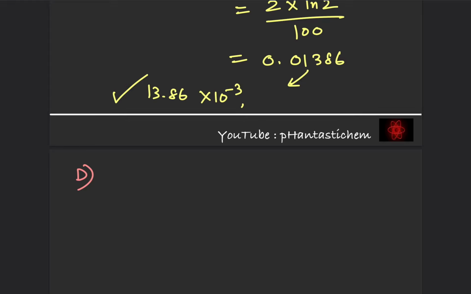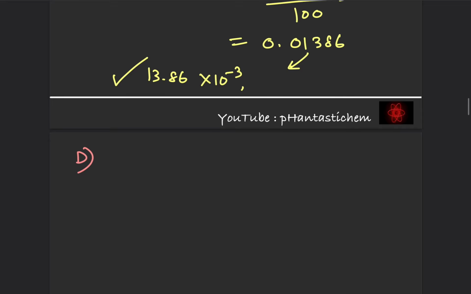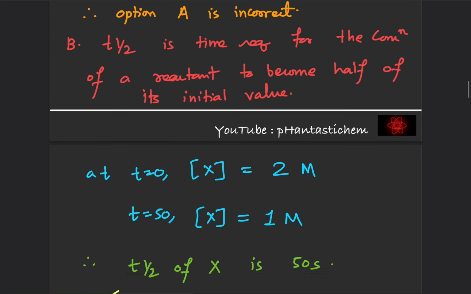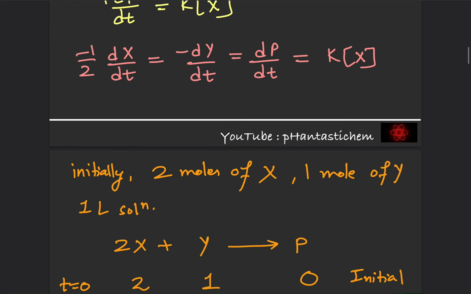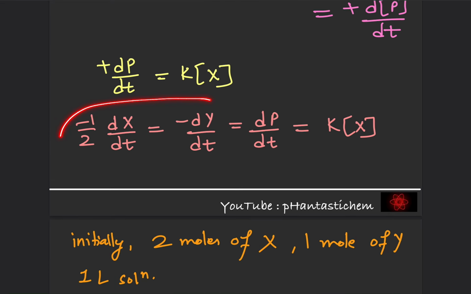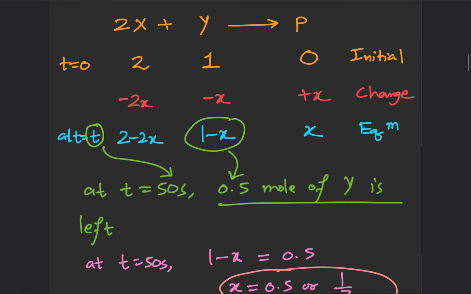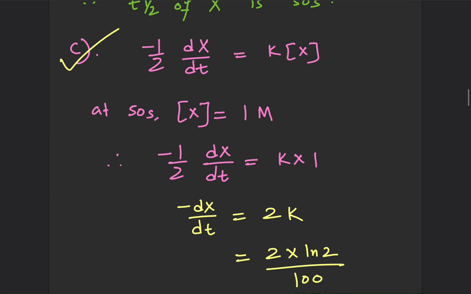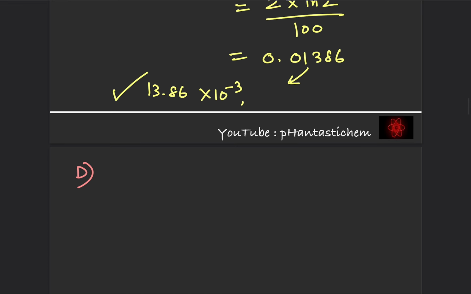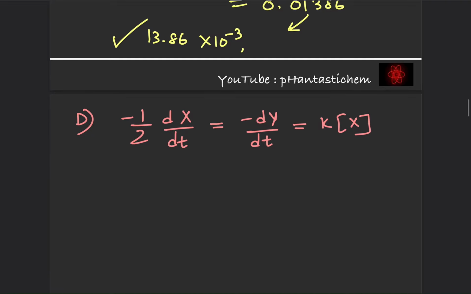And coming to the final option, it says that at 100 second, minus dy by dt is equal to 3.46 into 10 to the power minus 3. So it talks about minus dy by dt. Again, using the previous relation, we know that minus 1 by 2 into dx by dt will be equal to minus dy by dt equal to k into concentration of X, right?